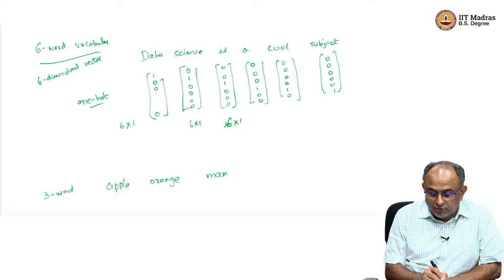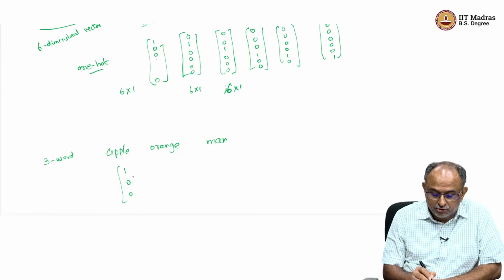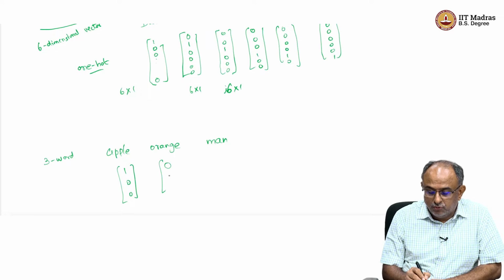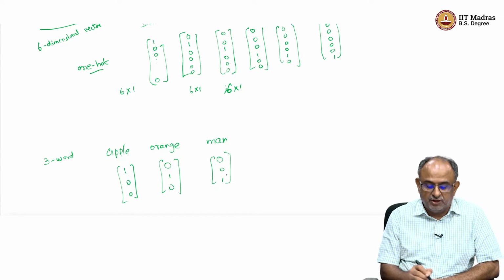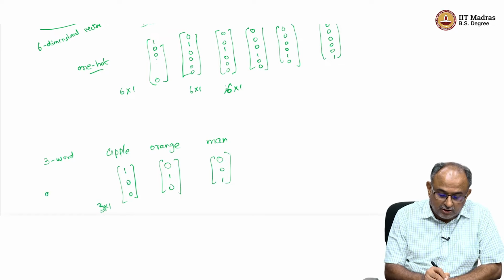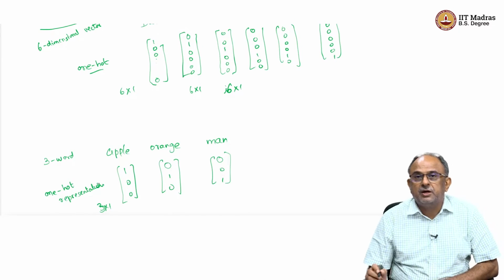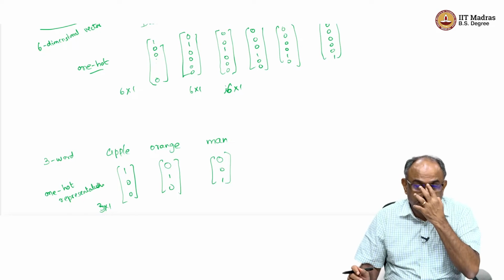I will arbitrarily choose one of them as 1, 0, 0, then 0, 1, 0 and 0, 0, 1. This is a 3 cross 1 vector and this is also a one hot representation.